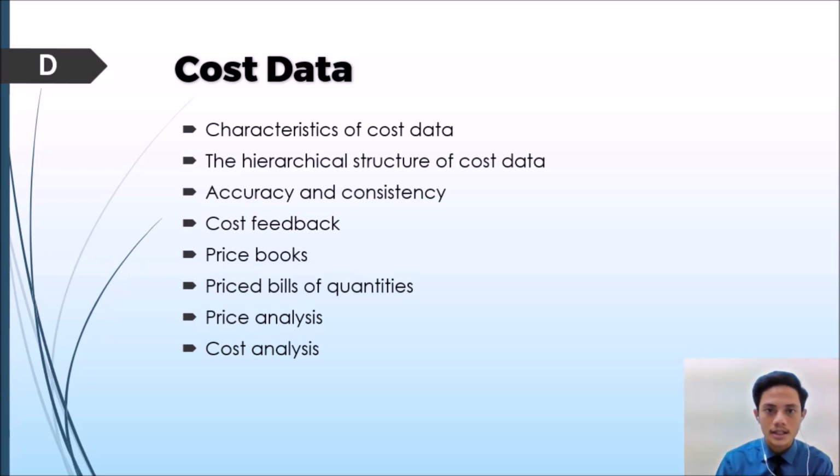In this topic, we are going to go through the characteristics of cost data, its eight levels of hierarchical structure of cost data, and also touch on its accuracy and consistency, and on the cost feedback, price books, and also the priced bill of quantities as the source of cost information. The other two are price analysis and cost analysis.